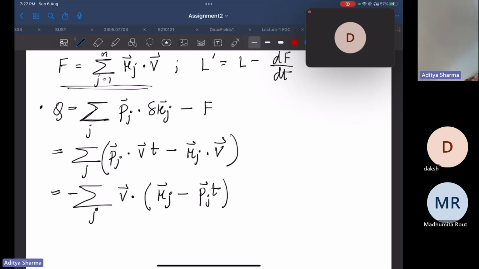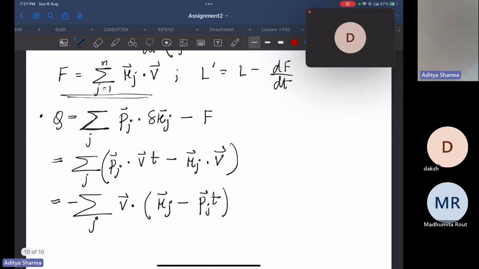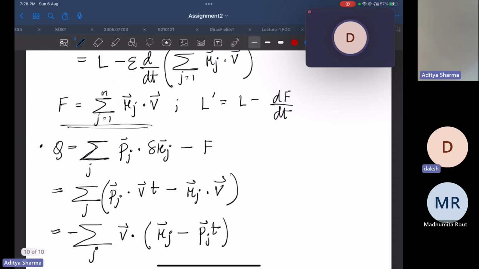So you'll find this as this thing. This you see is a constant of motion. In this case, this is a constant of motion. Did you know about this?